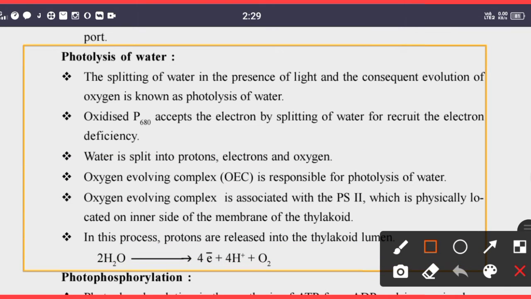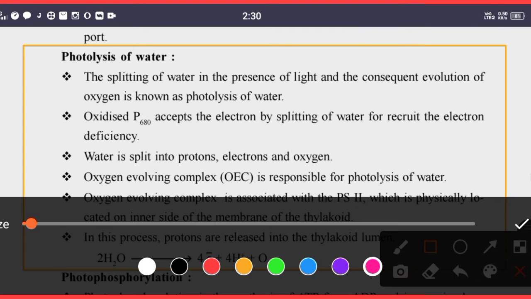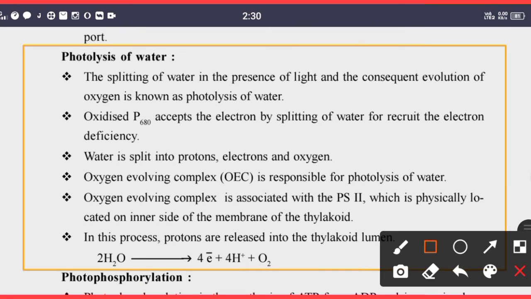Photolysis of water means the breakdown of the water molecule in the presence of light. Another definition, simply: the splitting of the water molecule in the presence of light, with the consequent evolution of oxygen, is known as photolysis of water.